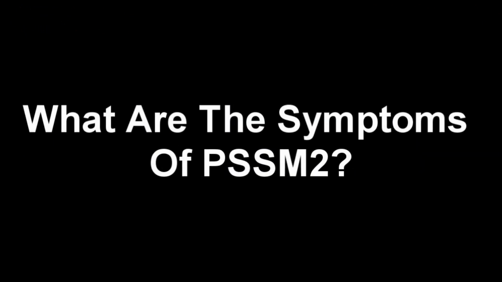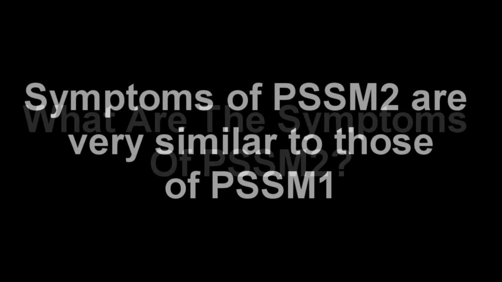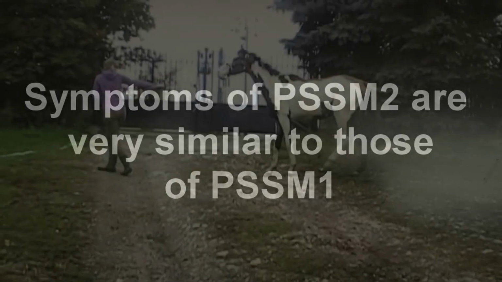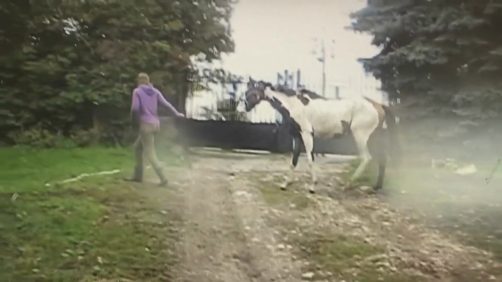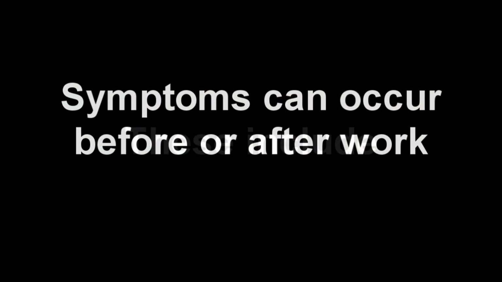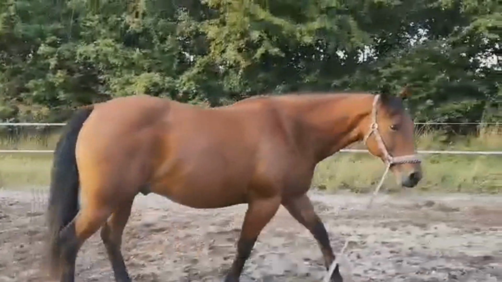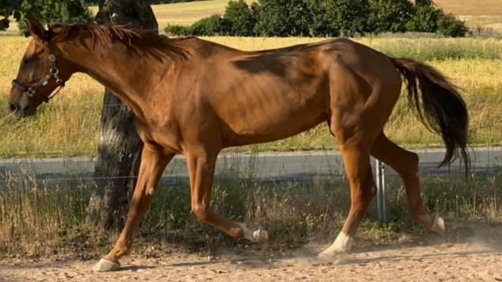What are the symptoms of PSSM2? Symptoms of PSSM2 are very similar to those of PSSM1, but can be more severe. Symptoms can occur before or after work. These include exercise intolerance, stiffness, tightness, losing top line or muscle wasting.